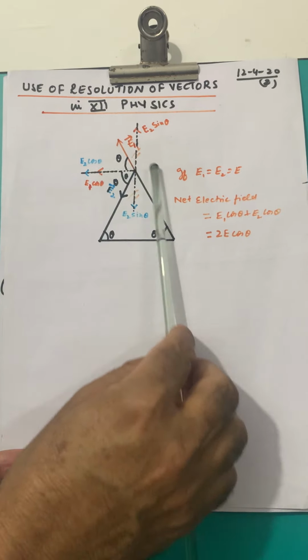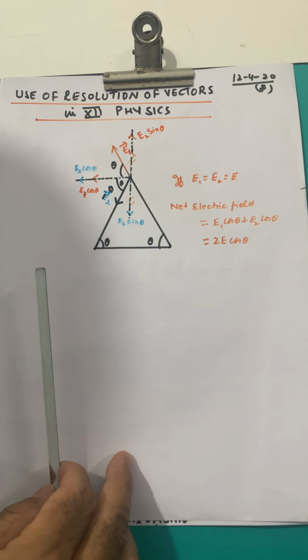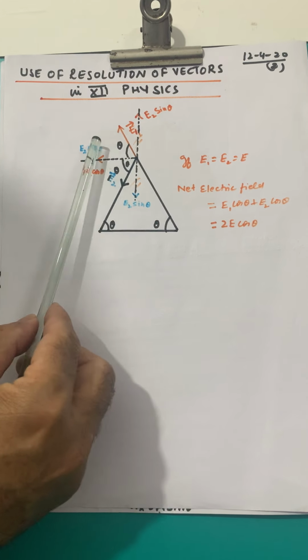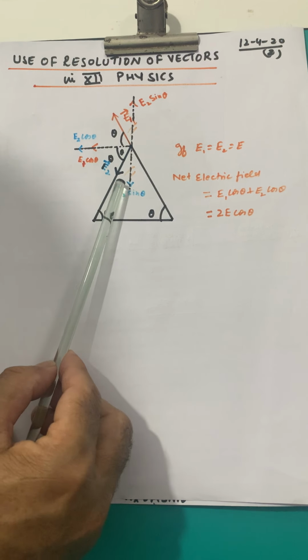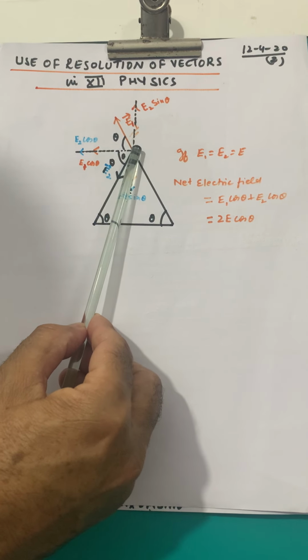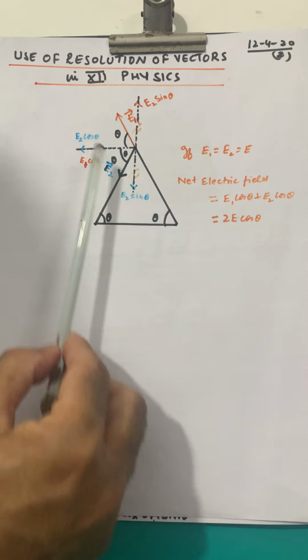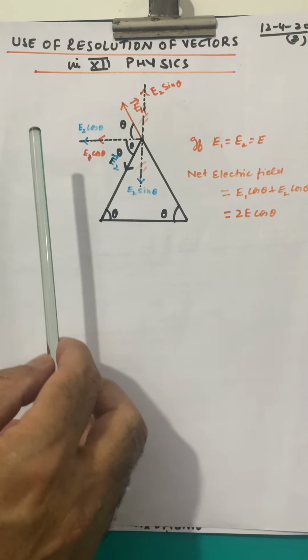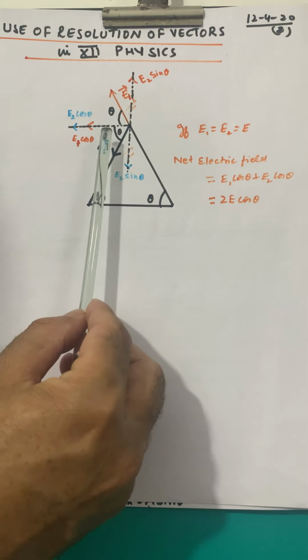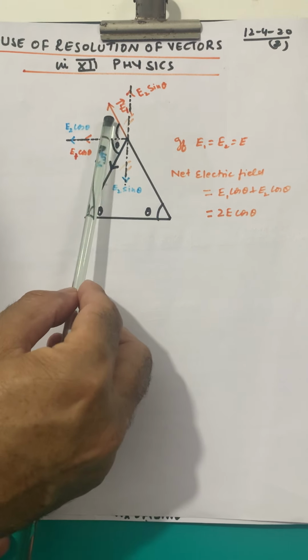It is related with the second chapter of plus 2 physics. तो इसमें हमने we have shown a diagram, a triangle in which two vectors are shown, E1 and E2. No doubt E1 and E2 are acting as shown. If we want to find the resultant by making use of the resolving components of vectors, you will see here this theta will be the same, and this theta will be the same.